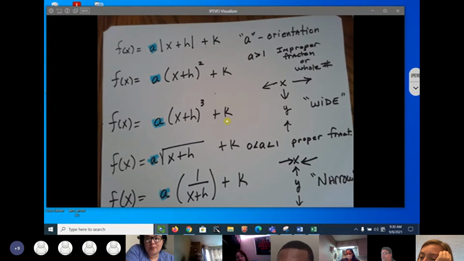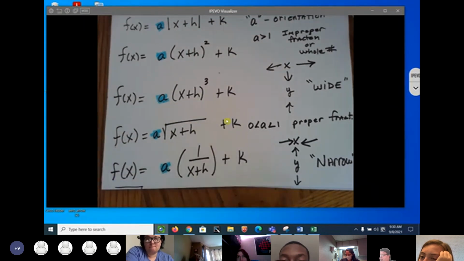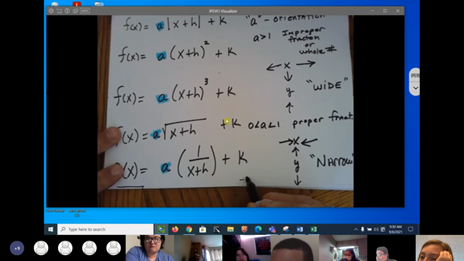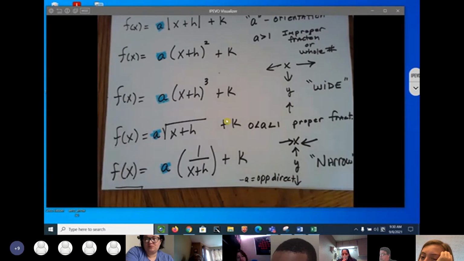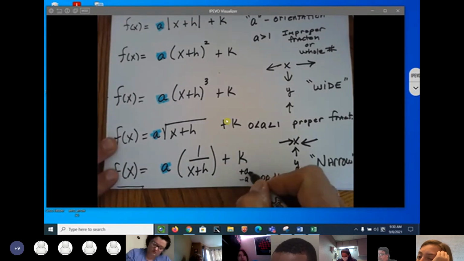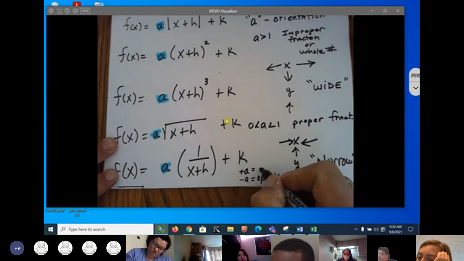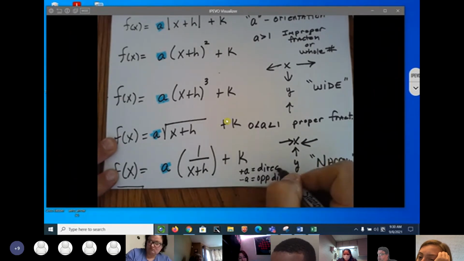If A is negative, it goes in the opposite direction of the parent graph. If A is positive, it goes in the direction of the parent graph.